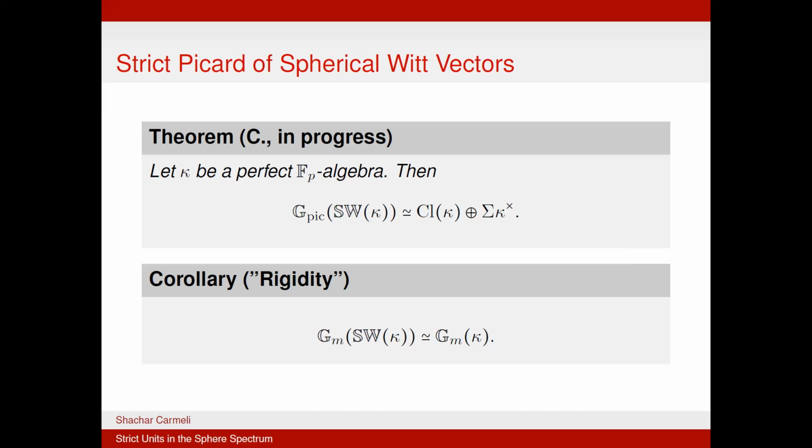It just has a Z-hat collection of strict structures. Yes, but definitely the map is trivial, so they all land in the same component. Absolutely. Yes, the map is the trivial map from the strict Picard to the Picard. It's the zero map of spectra. That's very weird. Yes, I agree, but that's what higher algebra does. Thank you. Other questions?